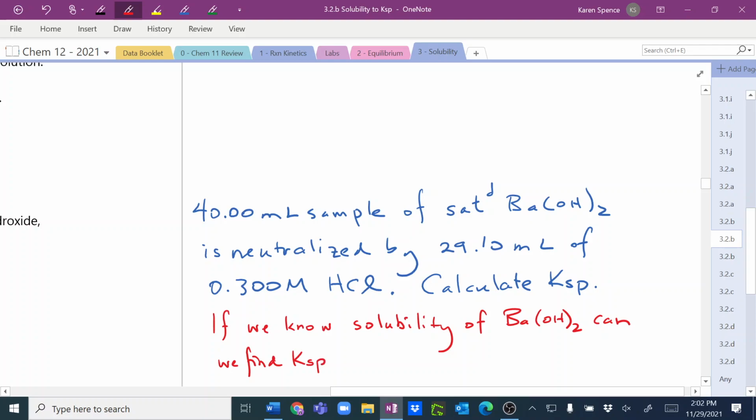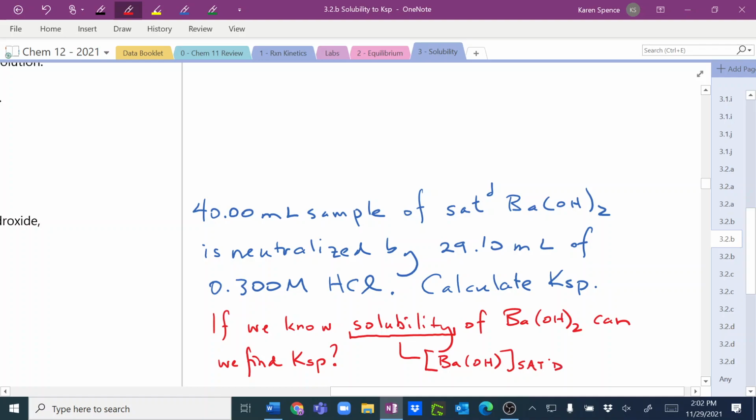Is that possible? Is that something we know how to do? Given a solubility, find the Ksp. Yes. Okay. So what is solubility again? That is the concentration of barium hydroxide saturated, yes?